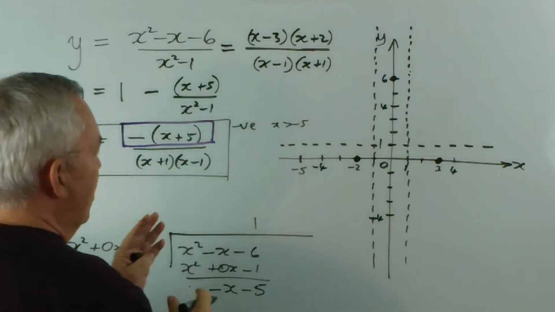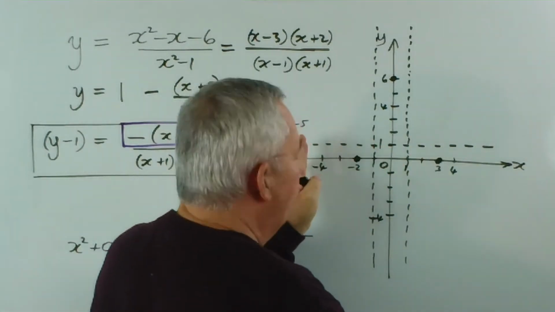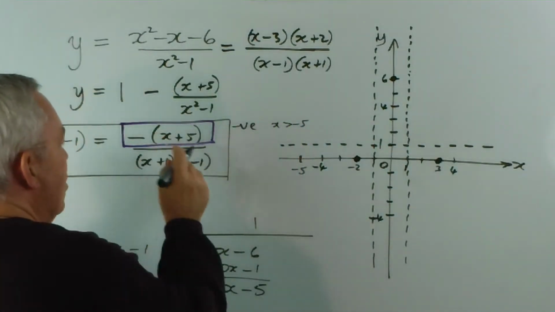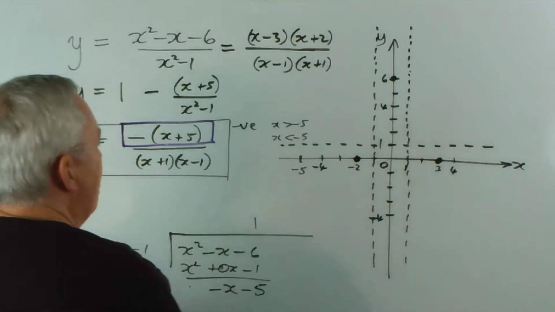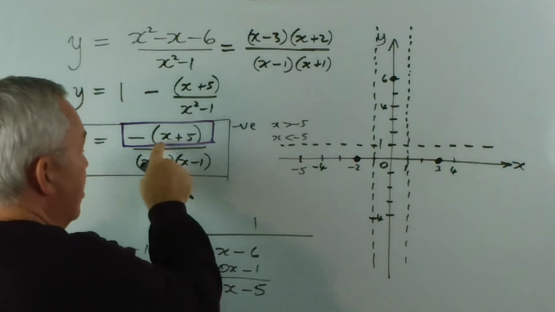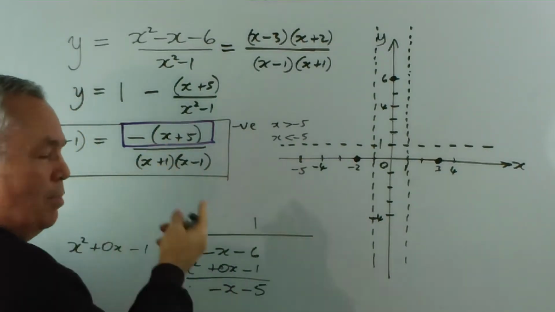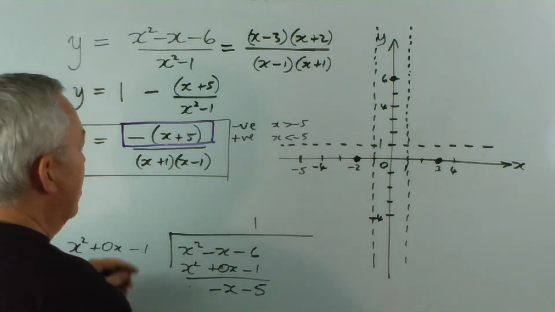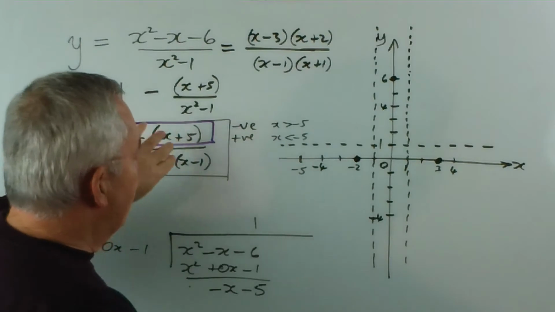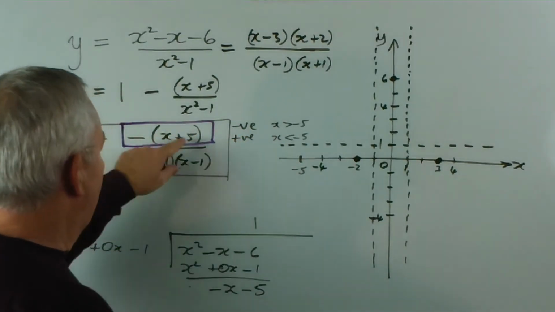So it's as though we're going to graph this end as though we've got a negative constant on the top. But the instant we move beyond there to numbers less than -5, for example -6, we've got -6 plus 5 will be -1, with a minus on will be +1, we're actually going to get positive values. So down here it's going to behave as though the graph has got a positive constant on the top.